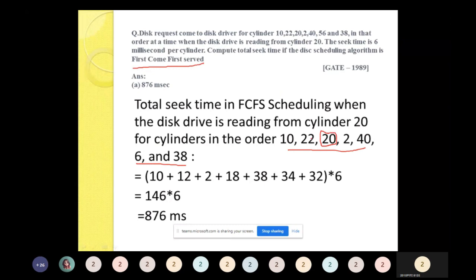After this, my next cylinder is 10, then the next is 22. The third is 20, but it has already been served, so apart from the 20 I have 2, then 40, then the next cylinder 6, plus 38.